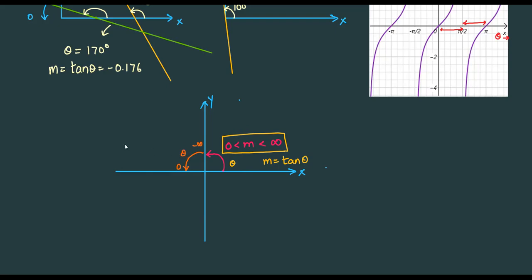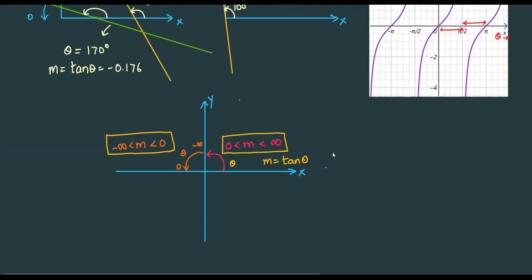There's also theta, and M is tan theta. So we get M ranges from minus infinity to 0. Okay. So this is all about slopes.